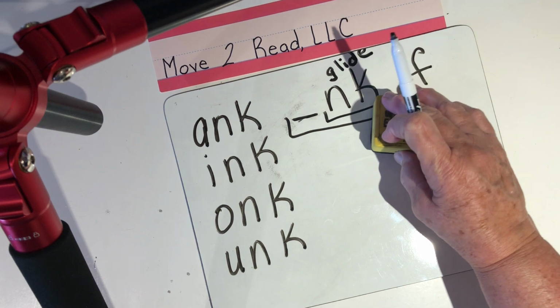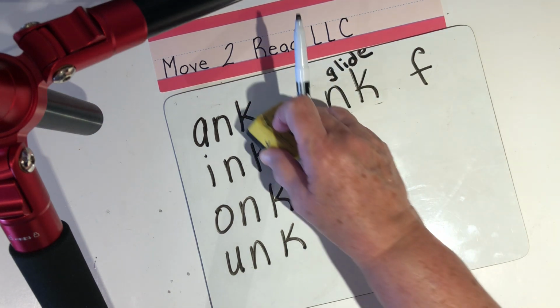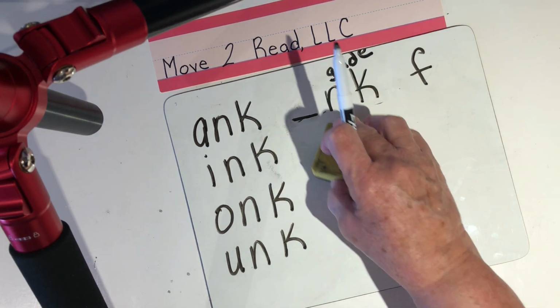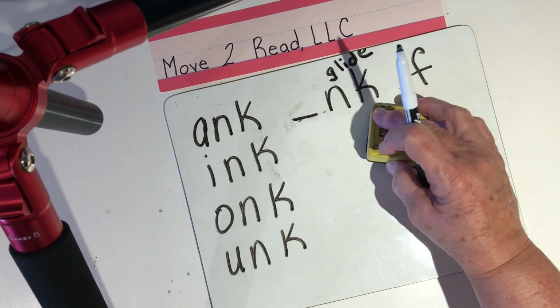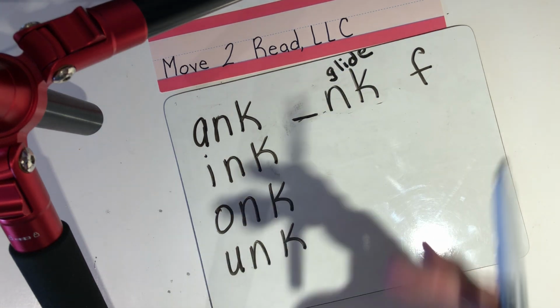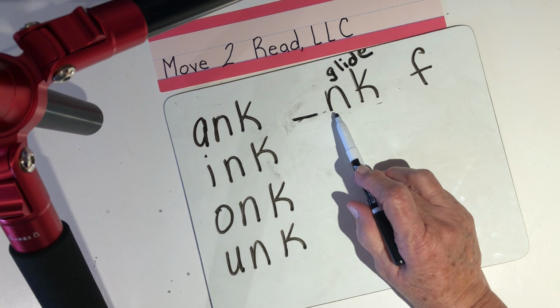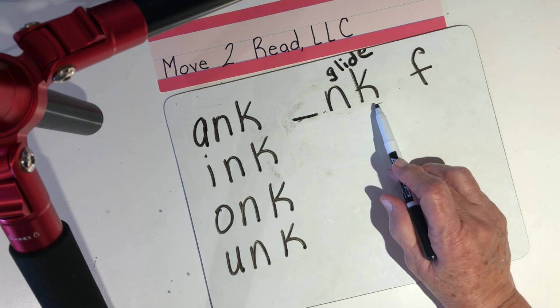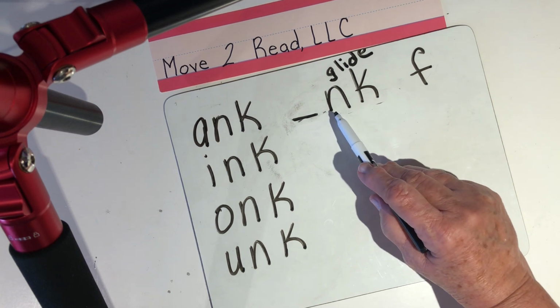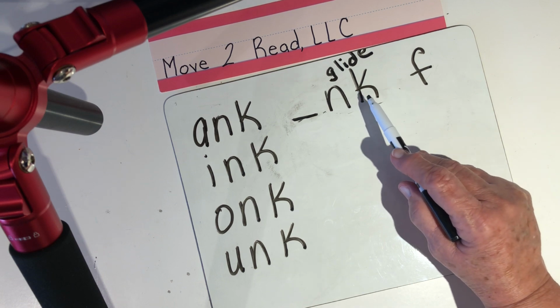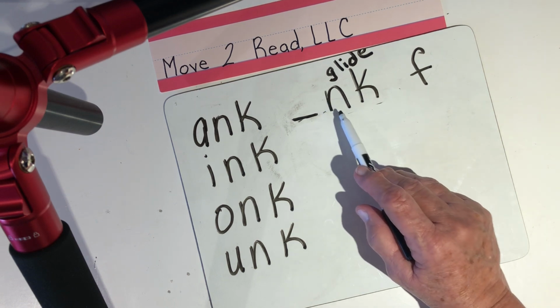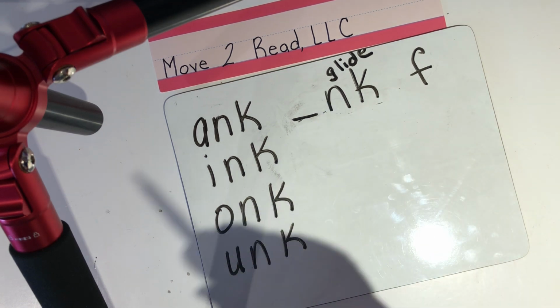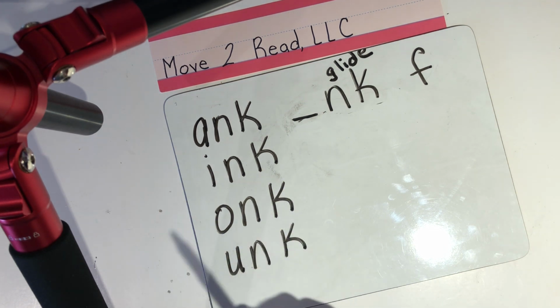The N is more of a nasal sound than the normal N, but then we kind of spit out the K sound. It's not a definite K. So you're kind of holding on the sound of the N a little bit longer than normal.